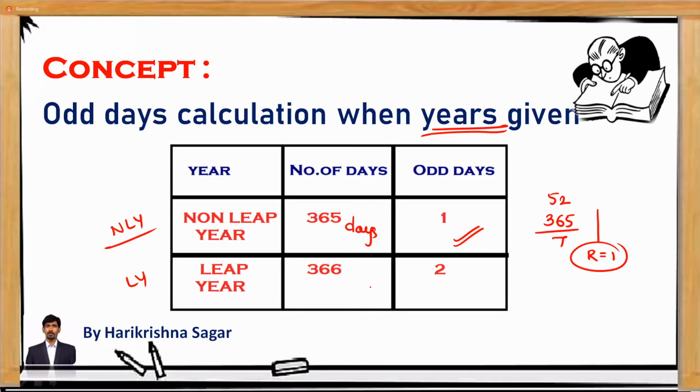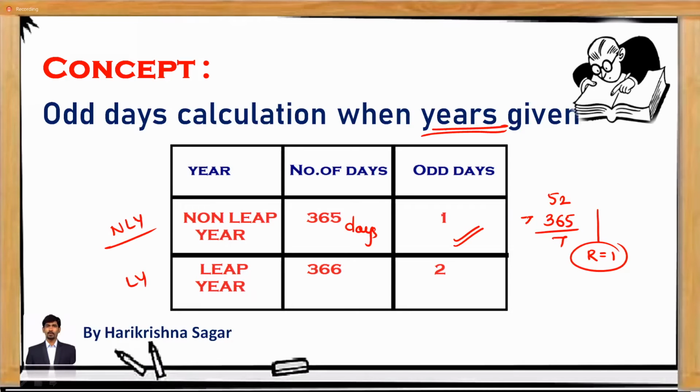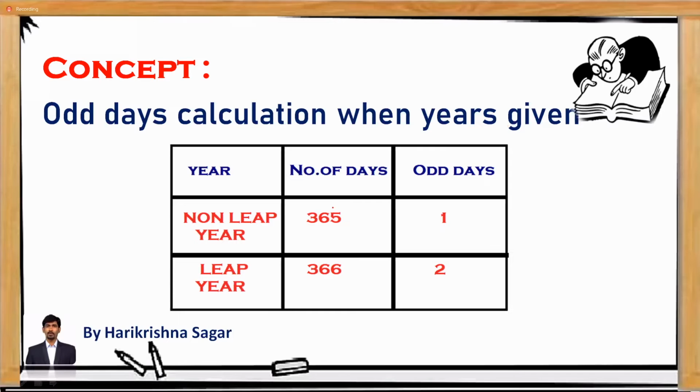This we studied in the previous class also. If it is 365 days, a non-leap year, you are going to have 52 completed weeks, and on top of it one extra odd day will be there. In probability also we discussed this point.